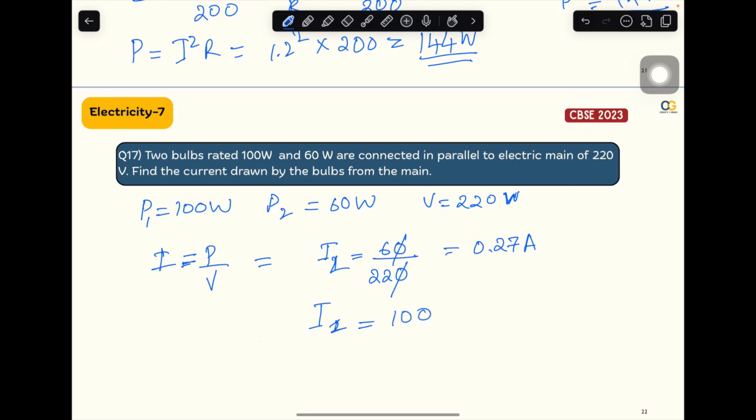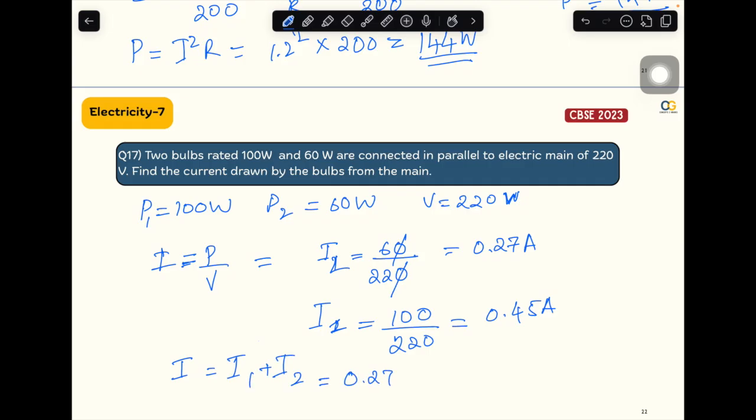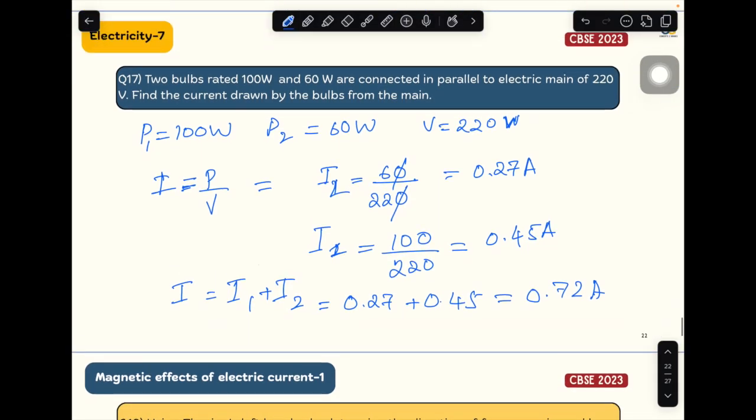So this will be 100 by 220, which is equal to 0.45 ampere. Now I will say total current is equal to I1 plus I2, which is 0.27 plus 0.45, which is equal to 0.72 ampere. So the final current drawn from the main is 0.72 ampere.